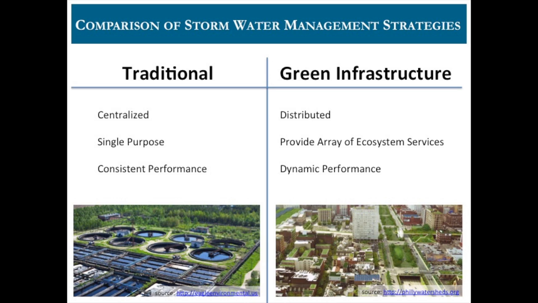And additionally, as they are ecosystems, the performance changes throughout the year with different storms. So those functional differences result in some challenges in a holistic integration of this into the built environment.